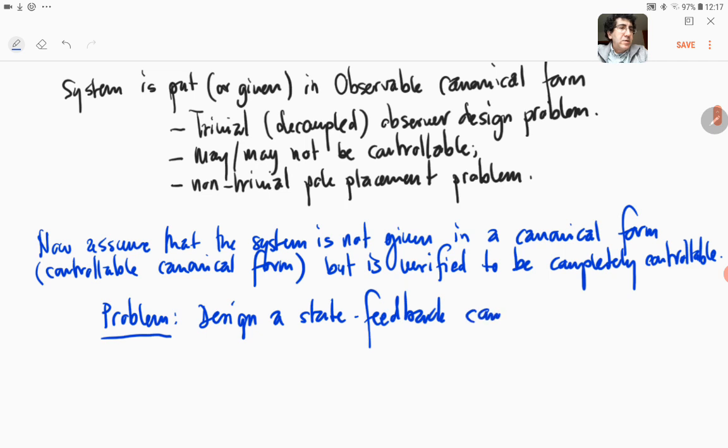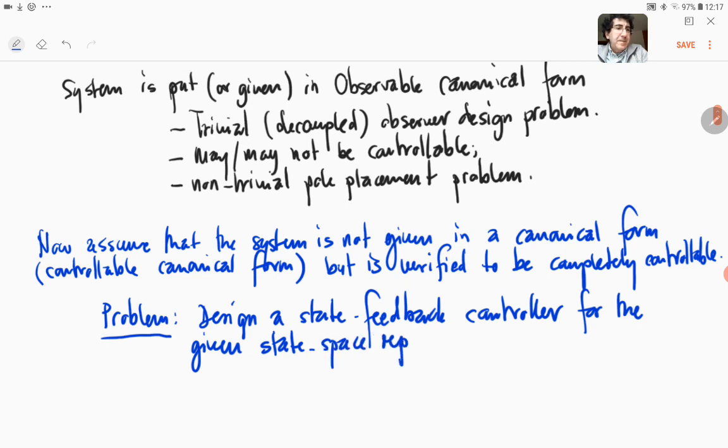That means you cannot now select in which state space representation you want to put the system.